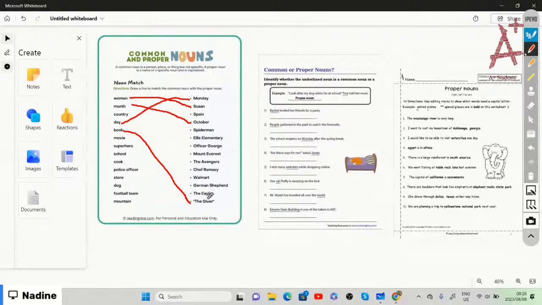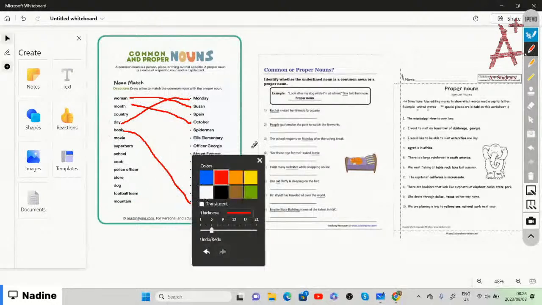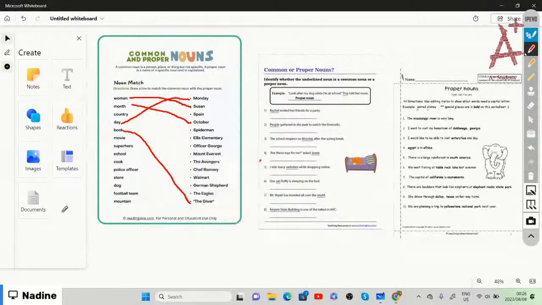Then we have, let's go here to the bottom, the mountain: Mount Everest or Table Mountain. So we have the general on the side, and then we have the proper noun on the right hand side, which specifies something specific.